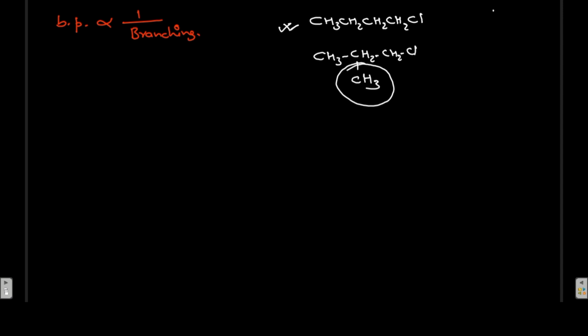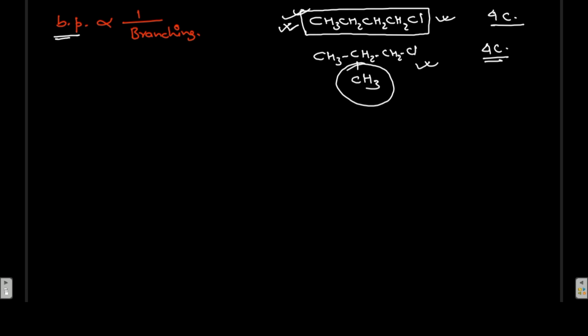with similar compounds, it is easier to understand. Both are similar, but one is not branched and the other is branched. It means more branching, lower boiling point. Less branching, this is not branched, so the boiling point will be higher, but this is branched, so it will have a lower boiling point.